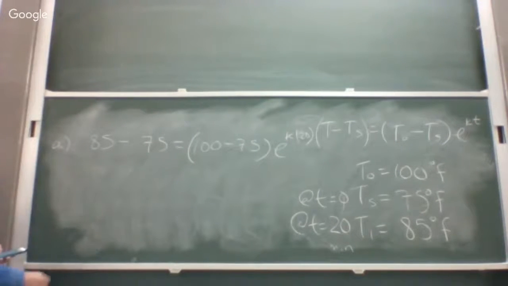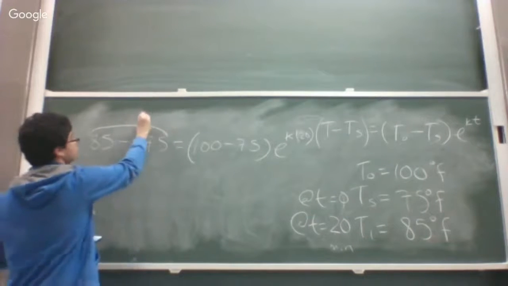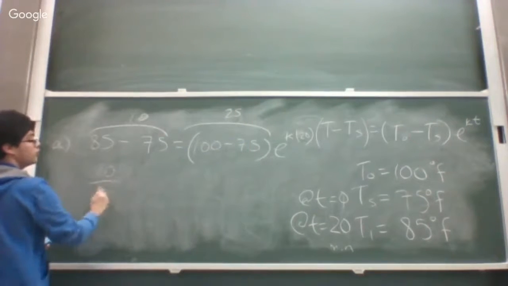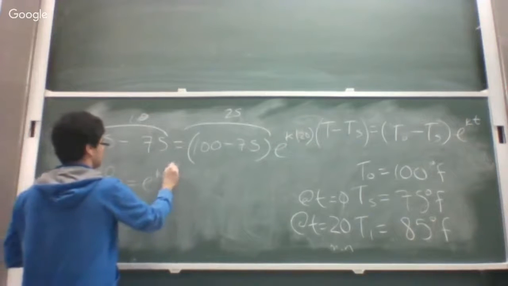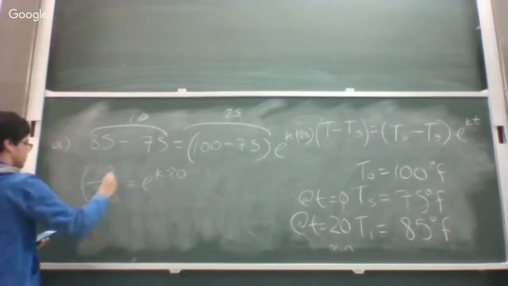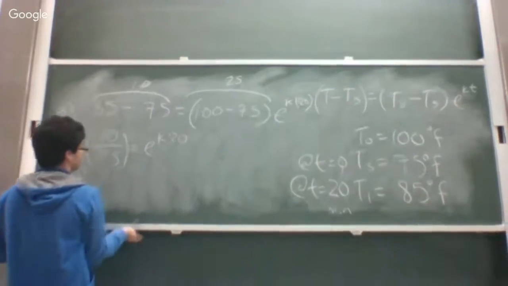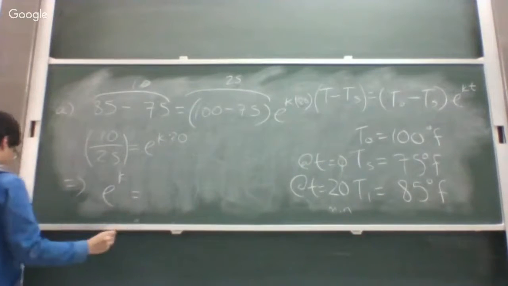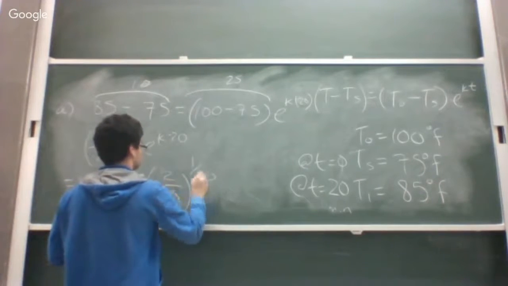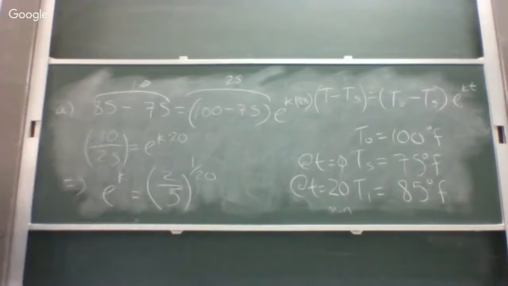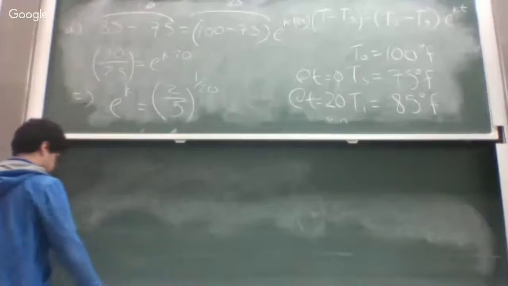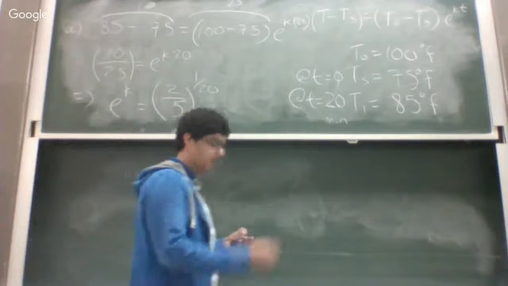This is 10, this is 25. So we have 10 over 25 equals e to the 20k. Finding e to the k, we rewrite it as e to the k equals 2/5 to the power 1 over 20. Any questions on that?